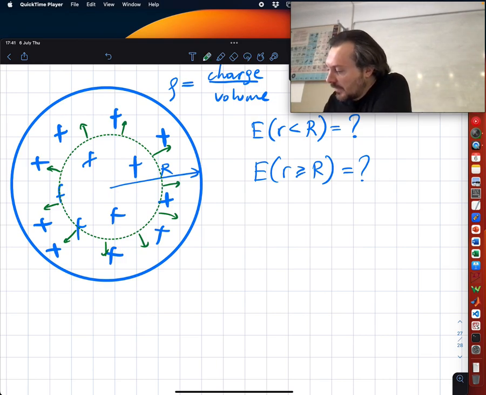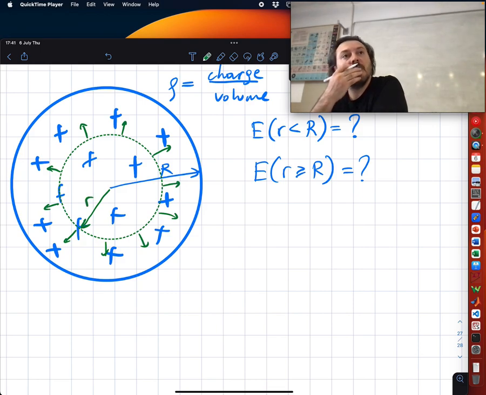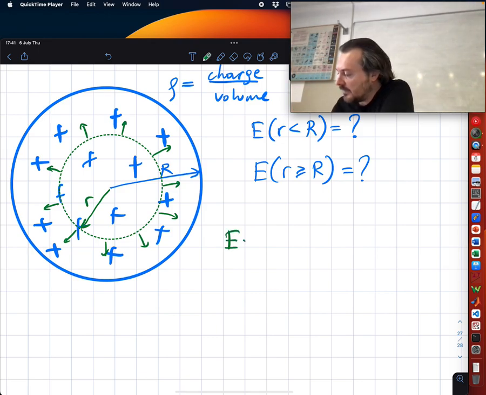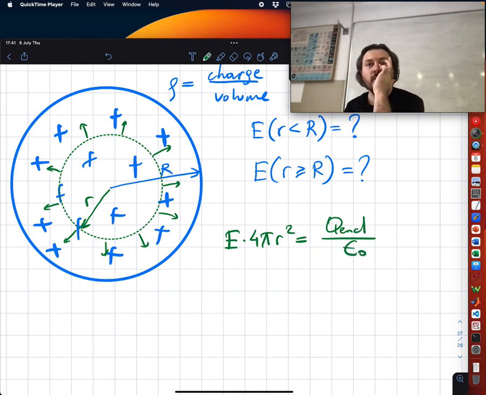So, first let's start with r inside. Okay? Let's use Gauss's law. Gauss's law tells you that E times 4 pi r squared has to be Q enclosed over epsilon 0. What is Q enclosed? Rho times the volume. Everybody agrees with this?